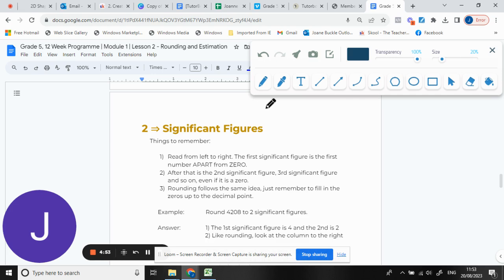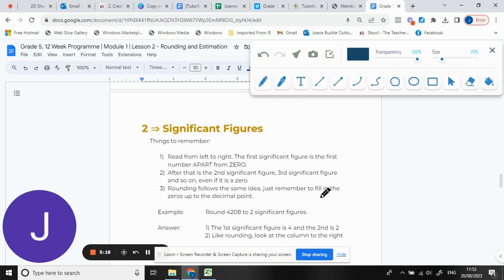So, for example, the example down here, 4,208. The first non-zero number is a 4, so that's your first significant figure. The second significant figure would be 2, the third significant figure would be 0, and the fourth significant figure would be 8. Notice how the 0 is included as a significant figure because it's within the number.